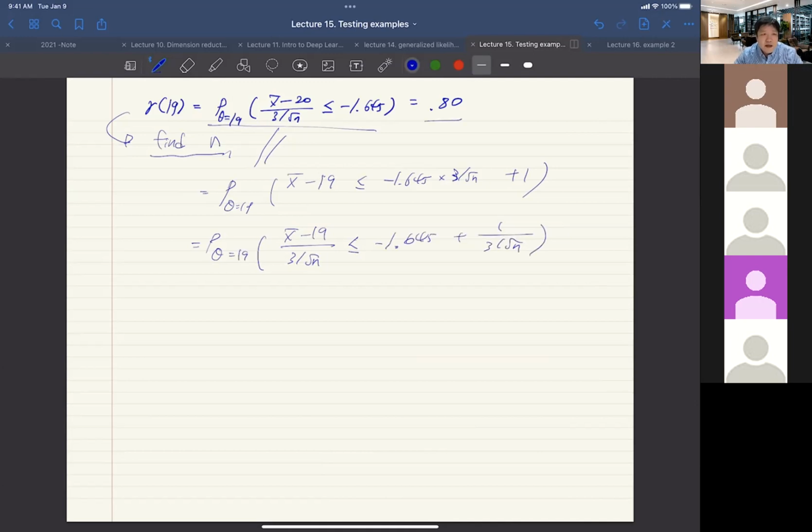So if you look at the table, we want 0.80, so the tail should be 0.20. The table tells us 0.20 corresponds to 0.842.